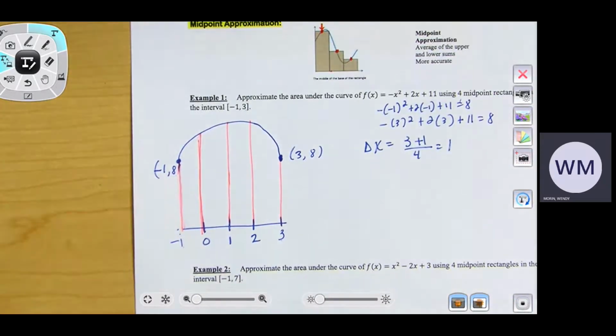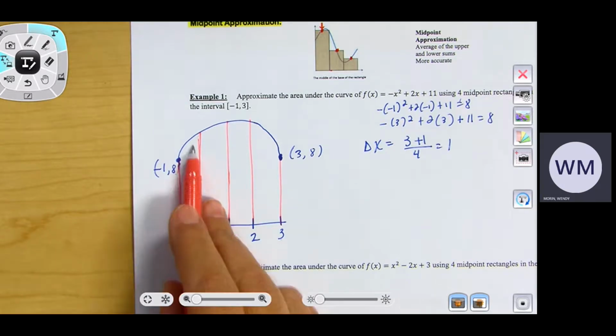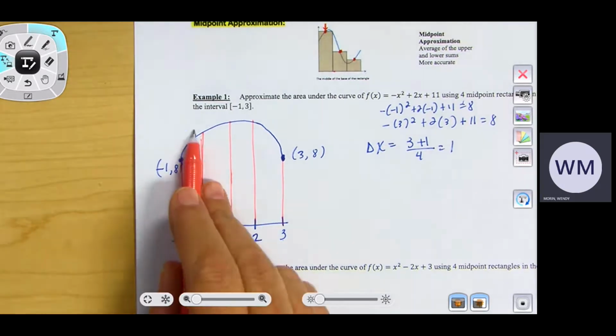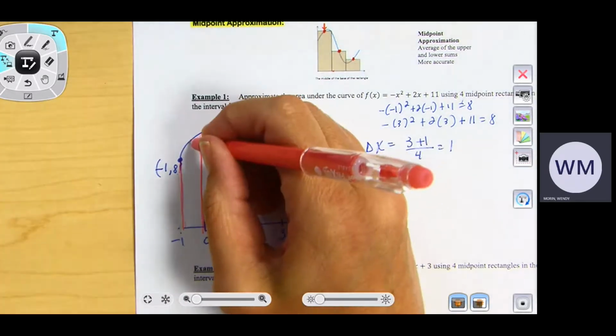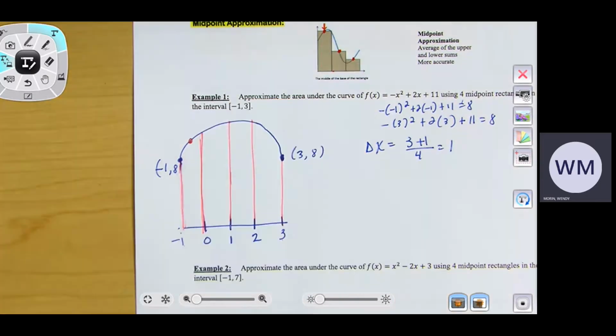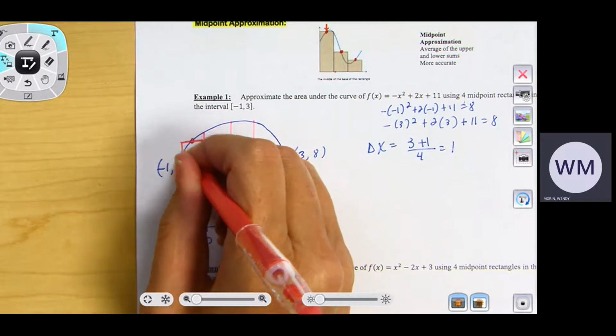So 1, 2, 3, 4 rectangles. The width is 1. Okay, the height, or base times height, however you want to look at it, is going to be halfway in between. So this is the height of the rectangle we're going to use.